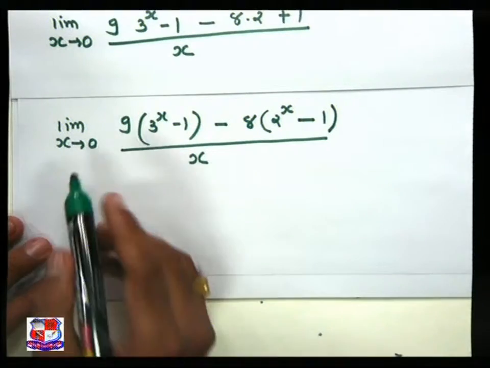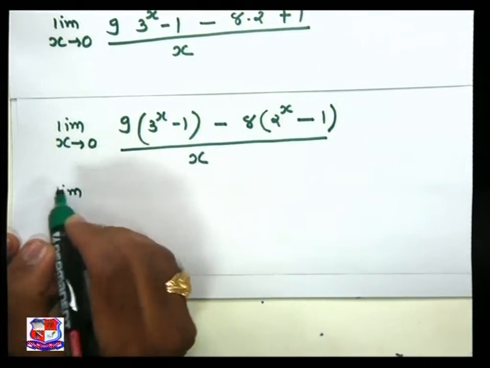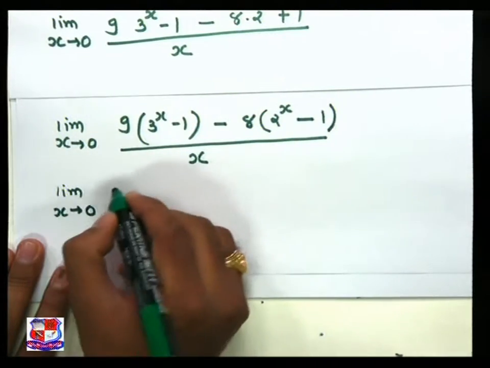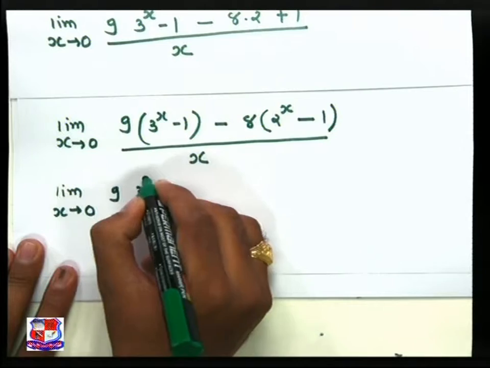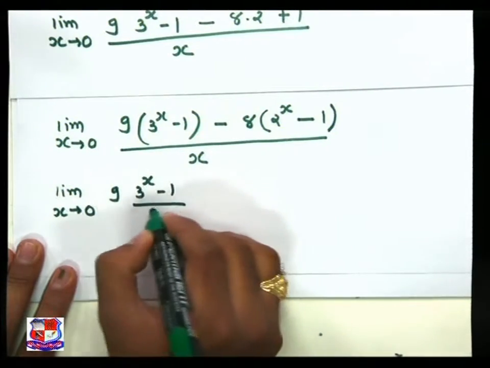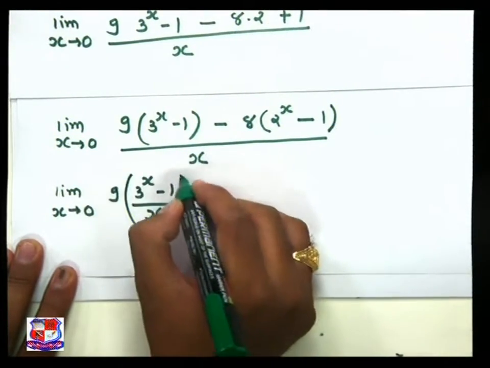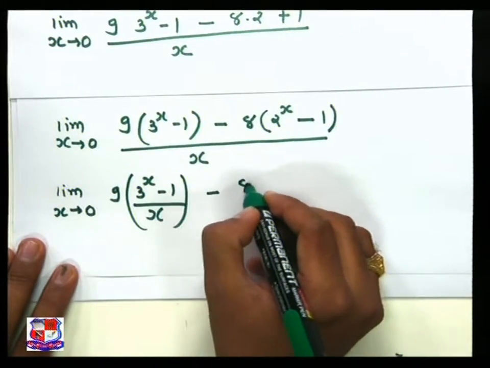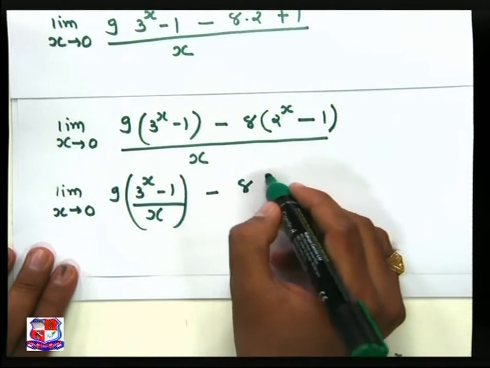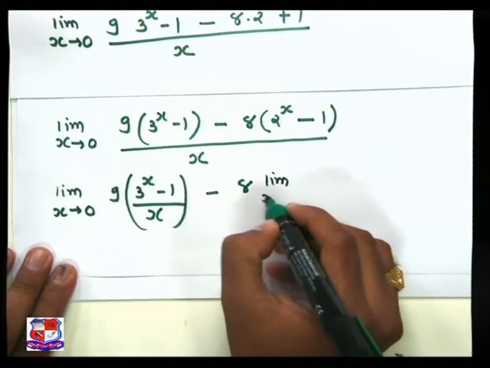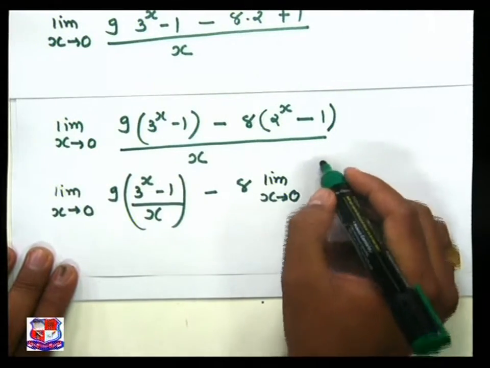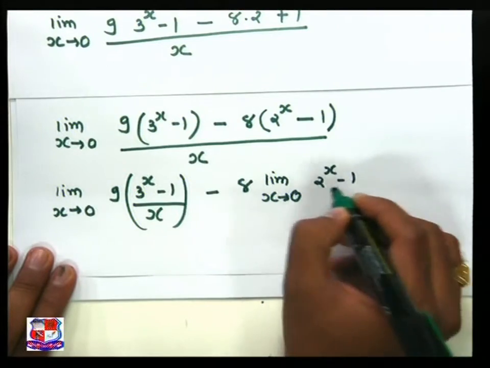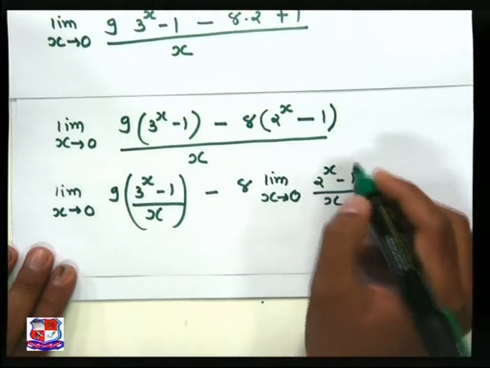So our next step: limit x tends to 0, 9 times 3 raised to x minus 1 divided by x, minus 8 times limit x tends to 0, 2 raised to x minus 1 divided by x.